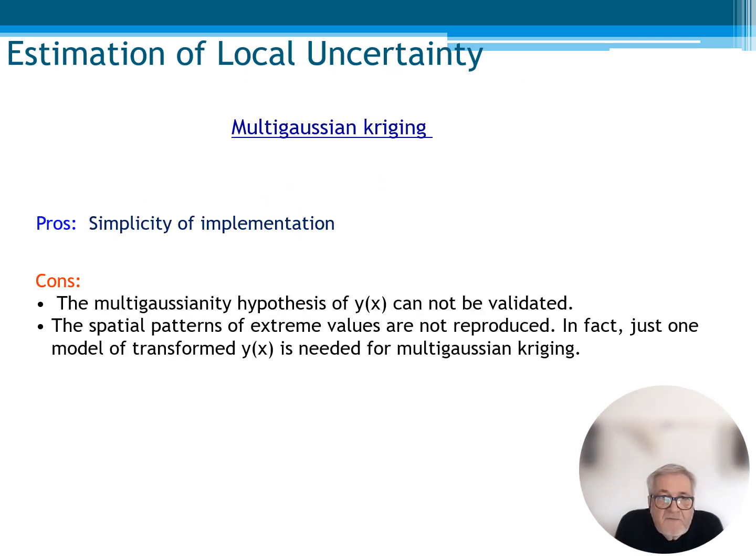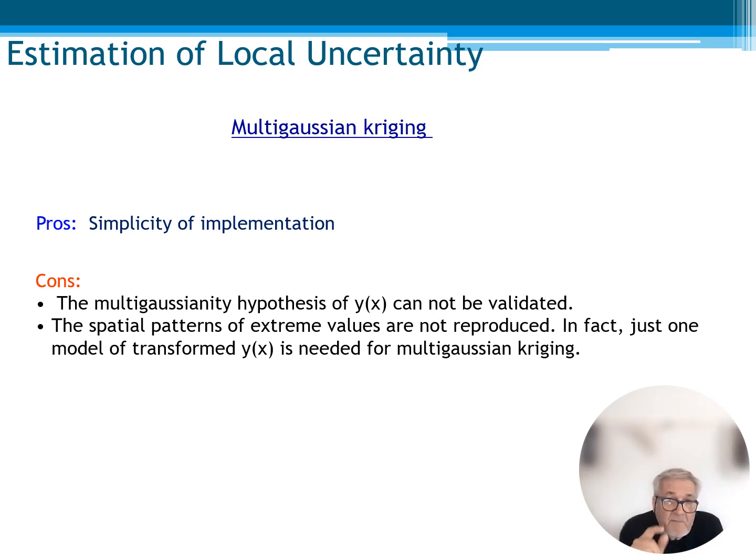So this is multi-Gaussian kriging. What is the main advantage? Simplicity of implementation. As a matter of fact, this is the most common method in any commercial software because it's simple to apply.